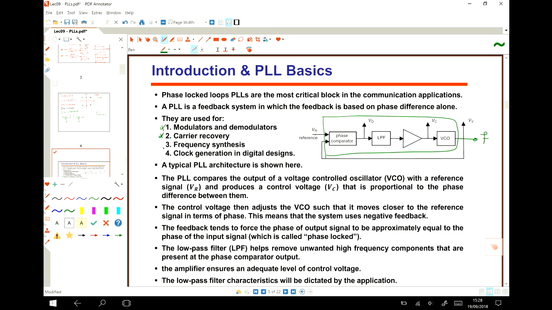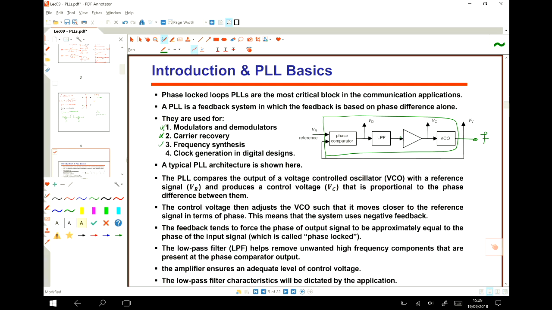And another important application is frequency synthesis. Frequency synthesis means that I have a single reference, and based on this single reference, I can generate different frequencies by programming my PLL, different frequencies out of one reference signal.